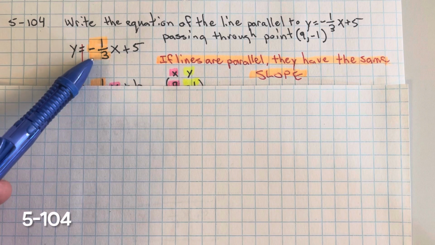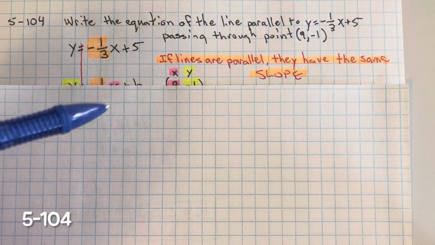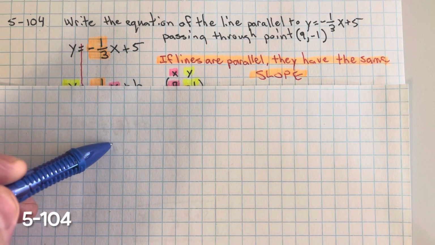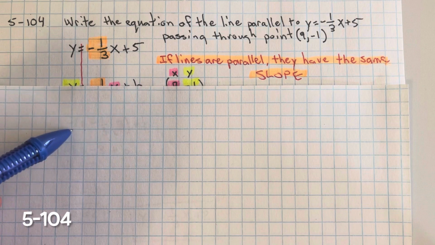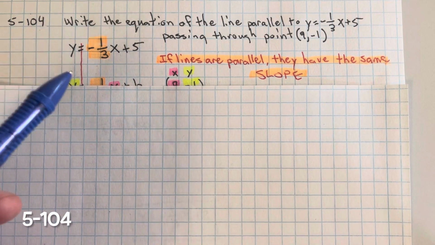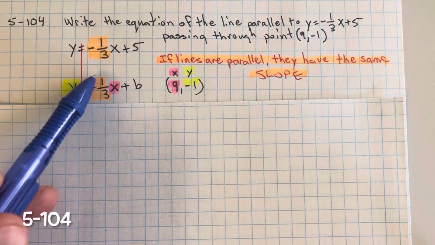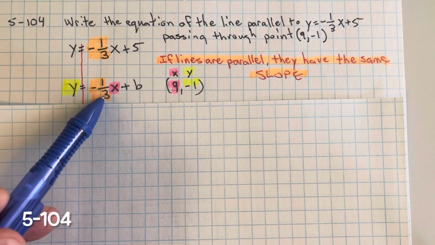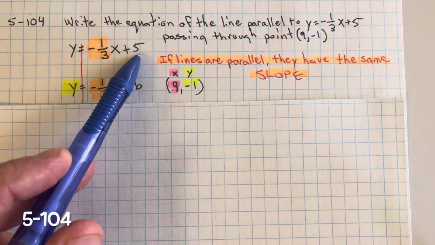So if this has a -1/3 slope, for every one it rises, it runs -3. So a line that's parallel to that has to have the same slope.